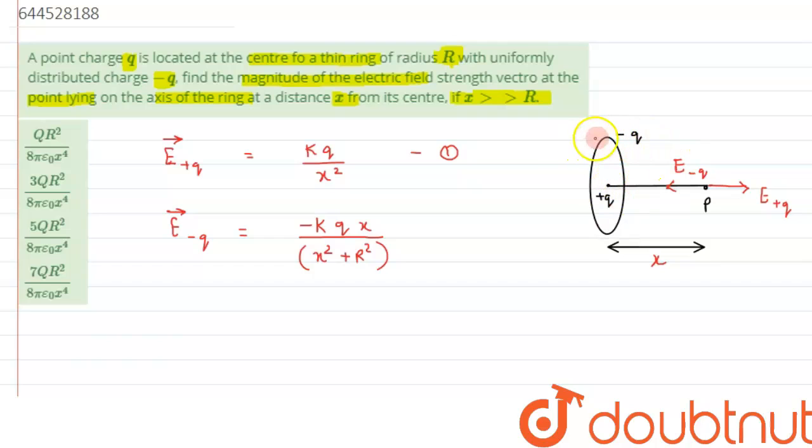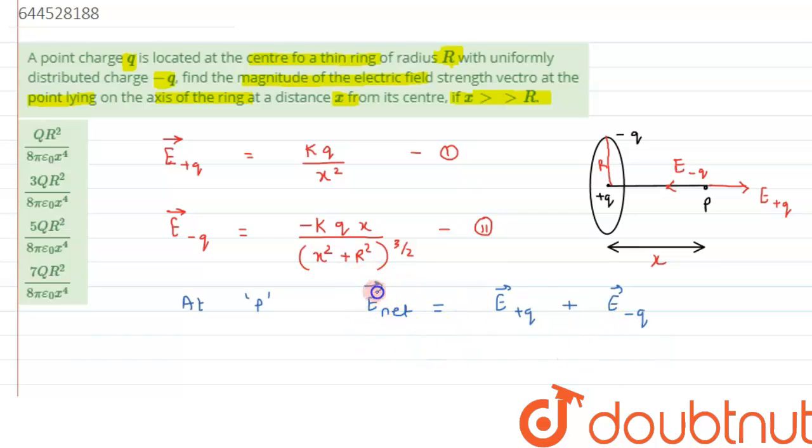This distance is r, so from here we get the whole expression raised to 3 by 2. Let's say this is our equation number 2. At point P we can write the net electric field as E of plus q plus the electric field intensity due to the negative charge.